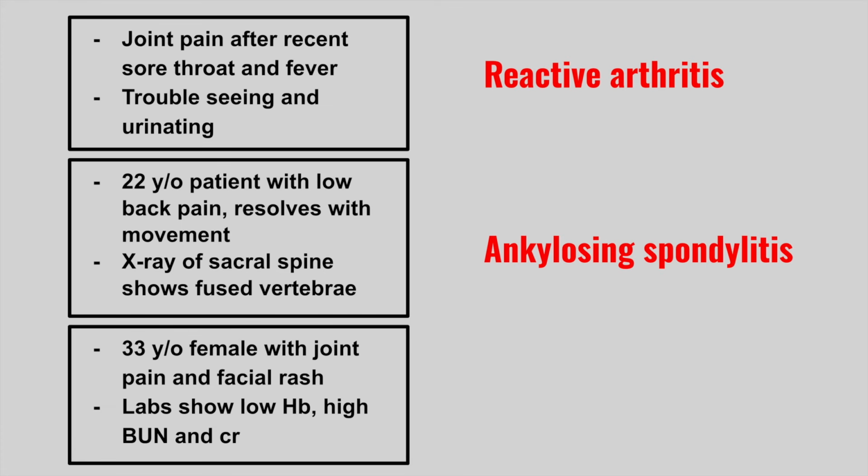Next, we have a 33-year-old female with joint pain and a facial rash, and labs show low hemoglobin and high BUN and creatinine. So this is systemic lupus erythematosus, and very high yield. It's going to be these females that tend to get joint pain, the malar rash. It can also have a lot of other symptoms because it's very widespread.